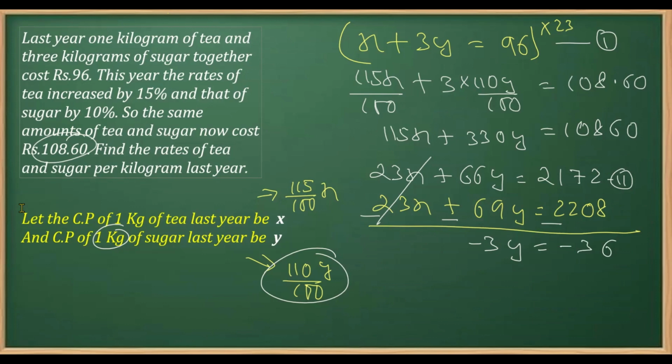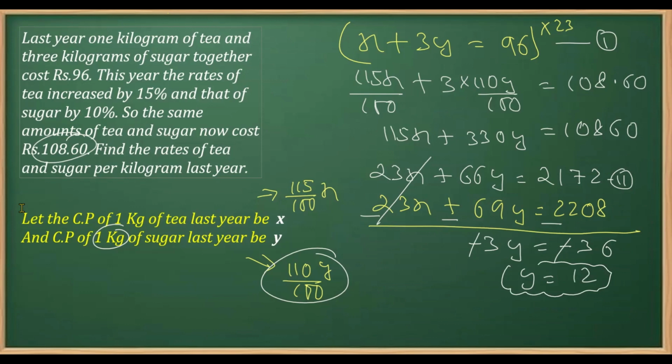The rest get cancelled. So we reduce it. It should be 2208 minus 2172, which is 36. Yeah, 36 is correct, and this is also correct. On dividing, I'm getting y as 12.